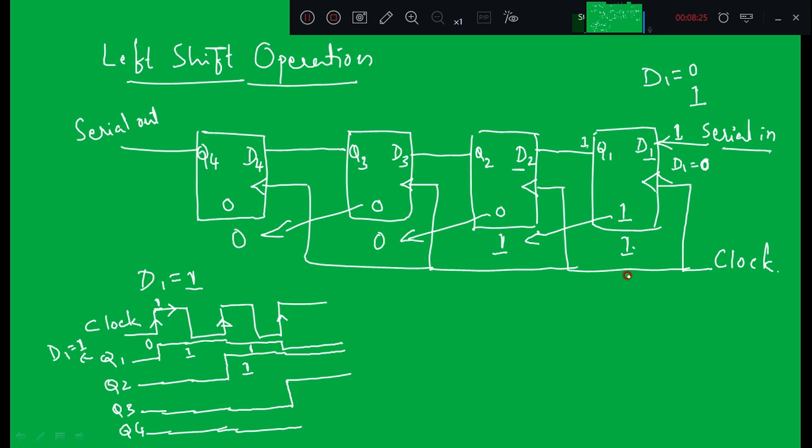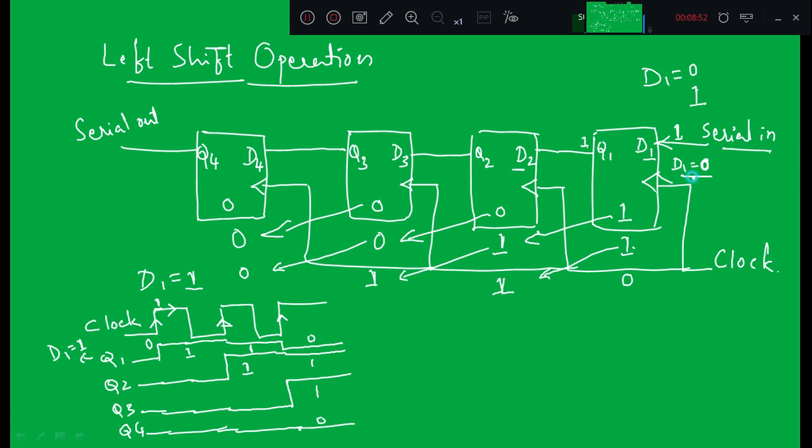First flip-flop gets loaded with 0, and this one will shift towards left, and this one will shift towards left, and this 0 will shift towards left. So what is the data after the third control input? It is 0 1 1 0. The same thing we got here, 0 1 1, q4 remains in its previous state, that is 0.